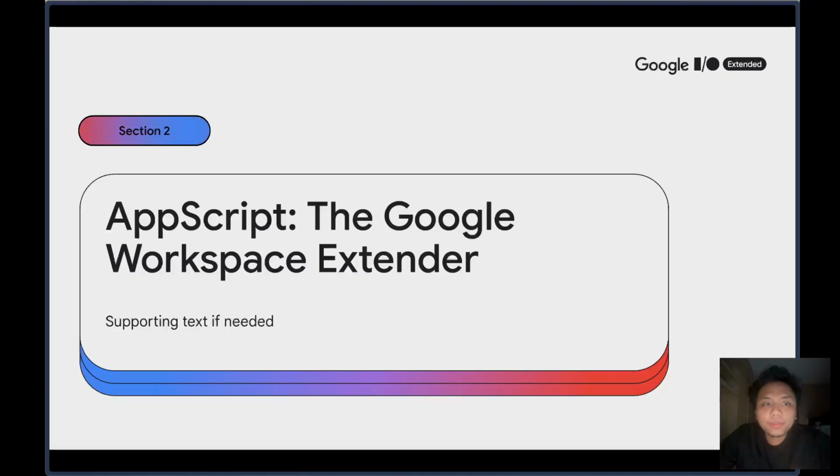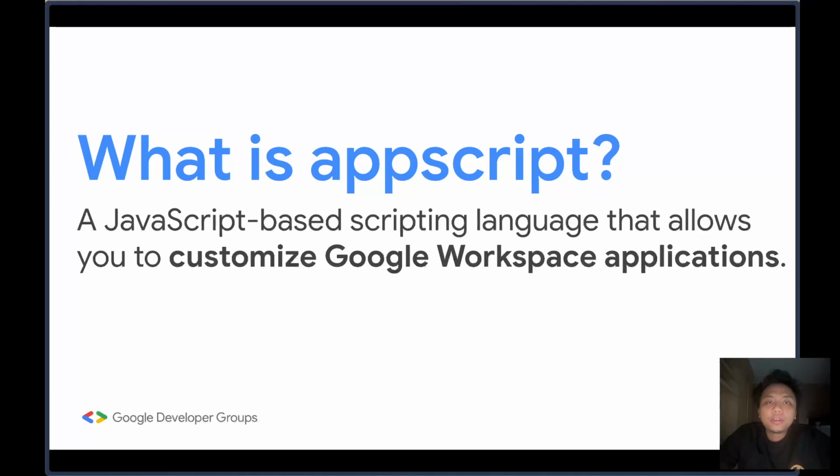Okay, next. Of course, that's only for non-technical people, or let us say people that don't want to code anything. But for the next one, AppScript, the Workspace extender, is focused on people that actually want to extend a lot of things in their day-to-day life. So let us define what AppScript, Google AppScript, actually is.